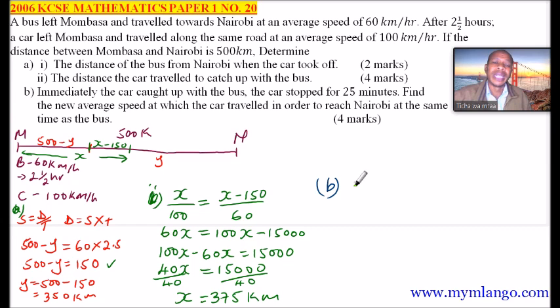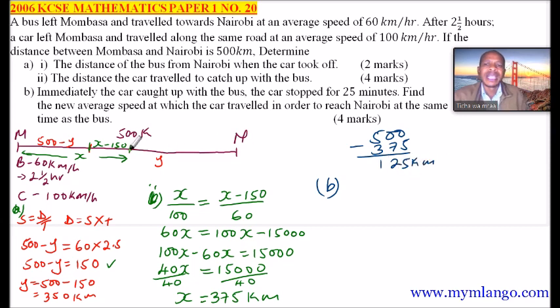So what we need here is, from 500, the distance remaining is 500 minus 375. So the distance remaining is 125 kilometers.